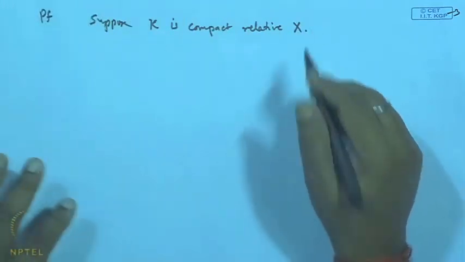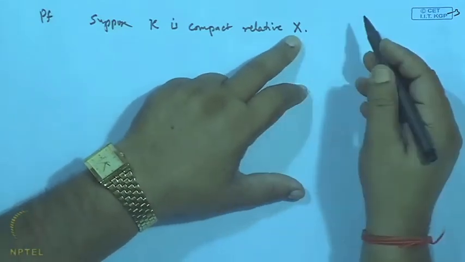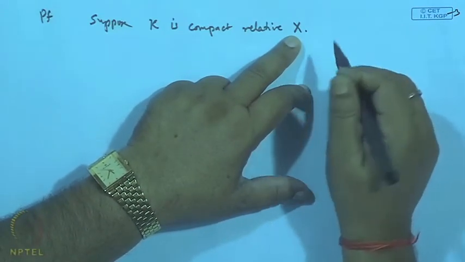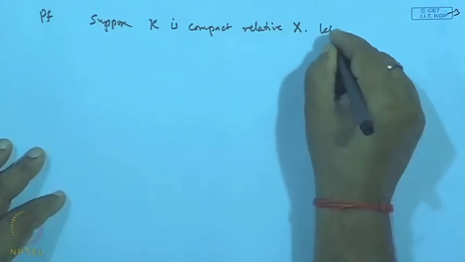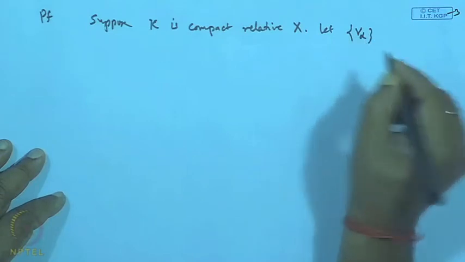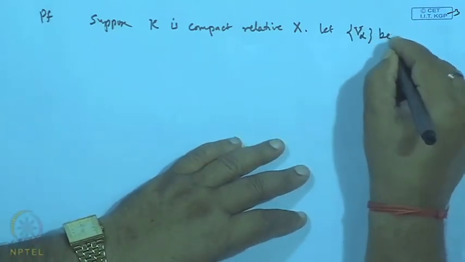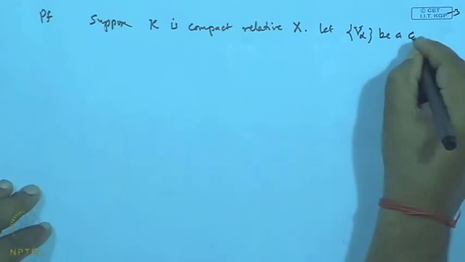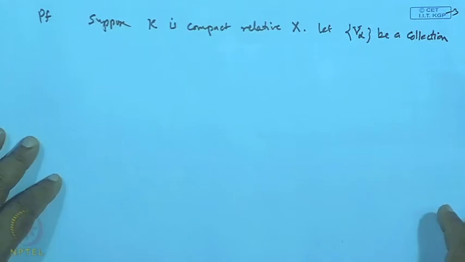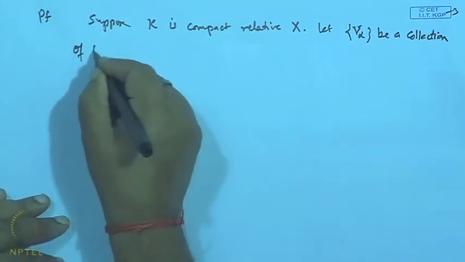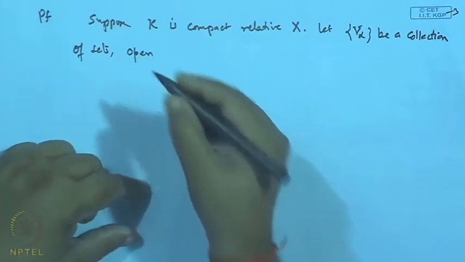So, this is known. We want to show K is compact relative to Y. So, let us consider an open cover of K relative to Y. Let V alpha be a collection of sets open relative to Y.